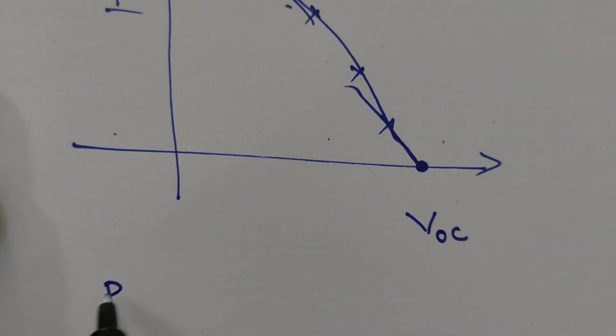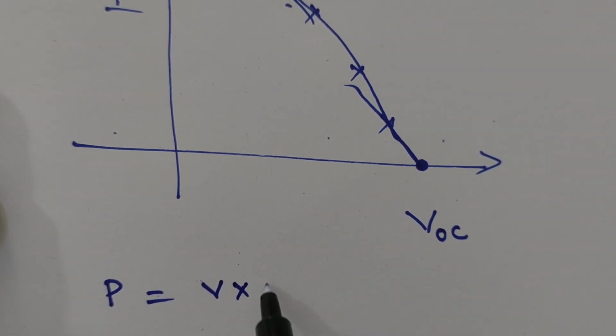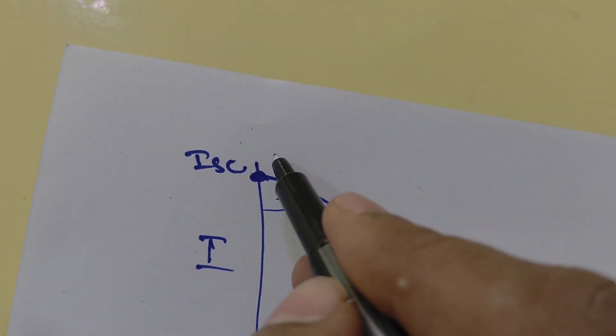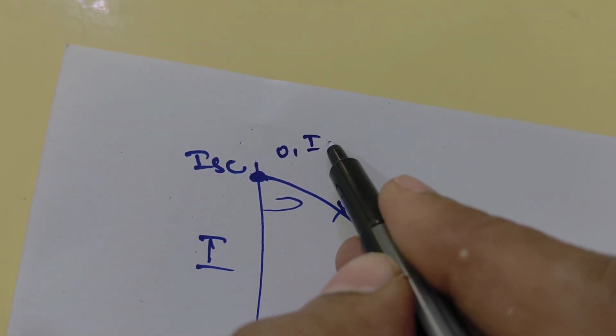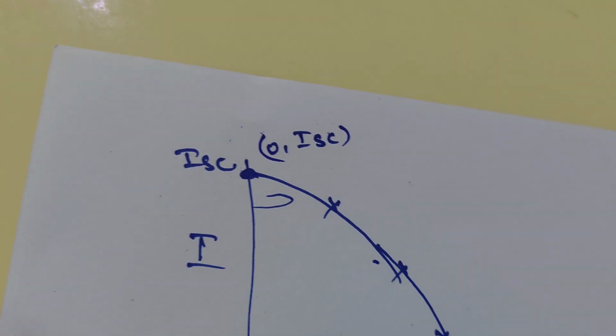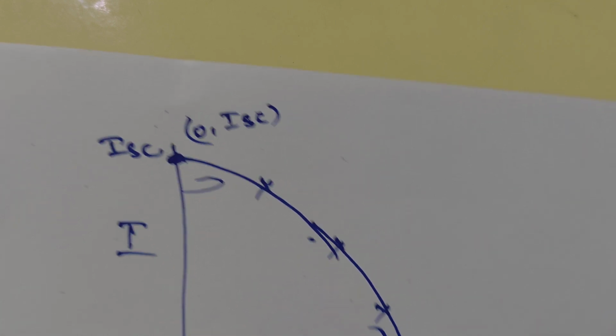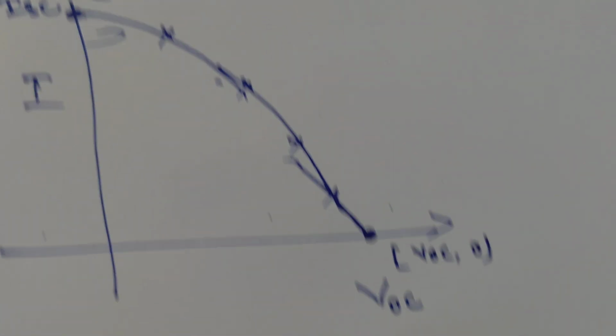There is a possibility to measure power values, V into I. For example, here we get x-axis point 0 and y-axis point ISC. Here it is x-axis point VOC and y-axis point 0.